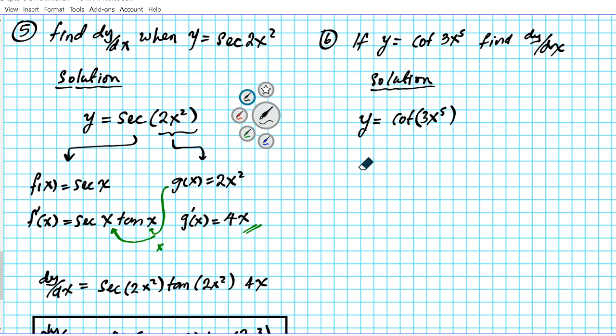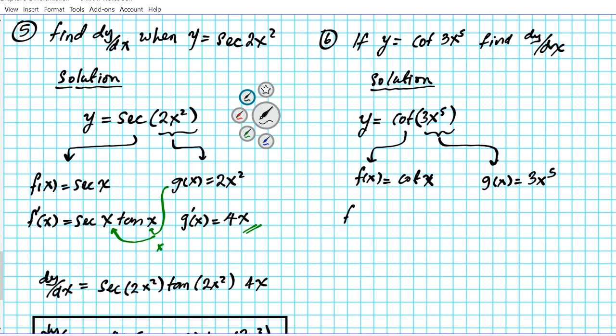The outer function f of x is cotangent x. And then the inner function is your quintic monomial right here. We call that g. g of x is 3x to the fifth.